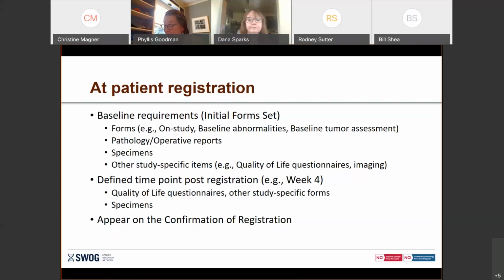Other expectations that can be posted at the time a patient is registered are those that are due at a defined point after registration. For example, a quality of life form due at week 4 or a specimen due at week 8. Expectations that are posted at the time the patient is registered will appear on the confirmation of registration. Next slide, please.